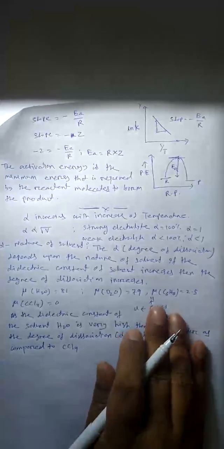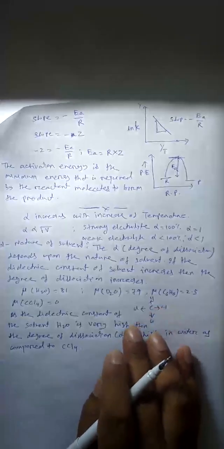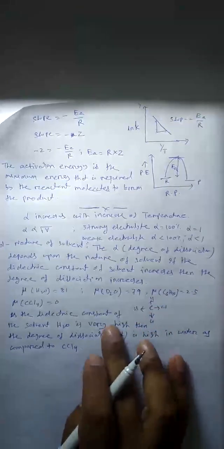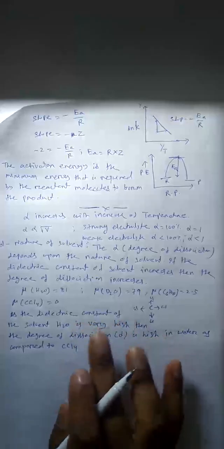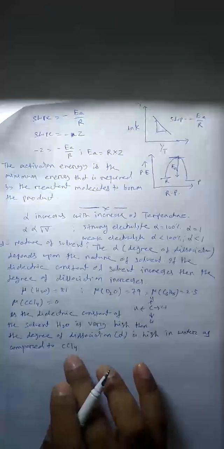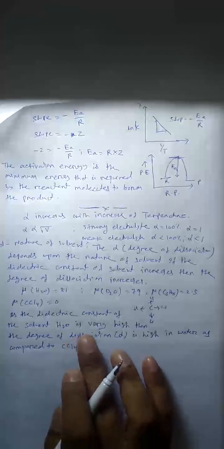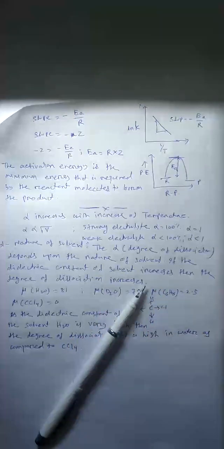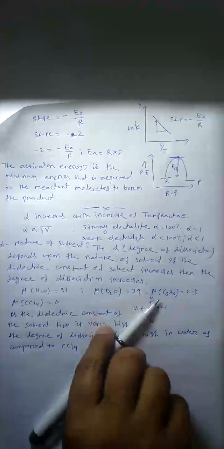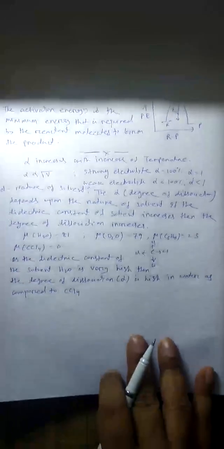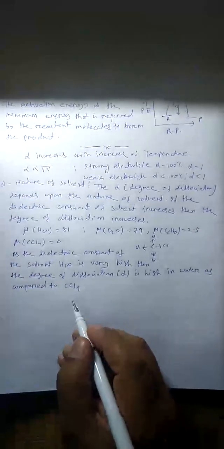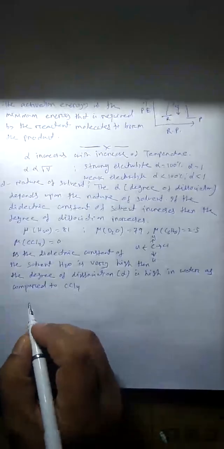When we compare the degree of dissociation of any salt in CCl4 and water, it is very high in water. CCl4 has dielectric constant 0, but water has 81. So the splitting power of water is very high as compared to CCl4. This is the nature of the solvent.